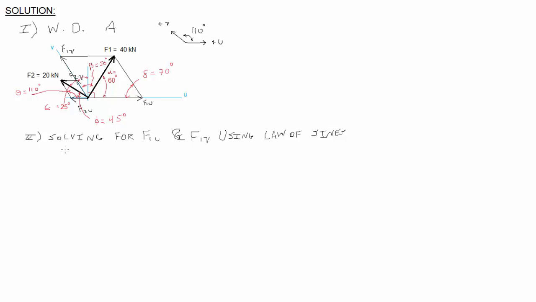So using the law of sines, we have a side divided by an angle equals another side divided by another angle. So if I were to say F1u, I'm going to start with that one.